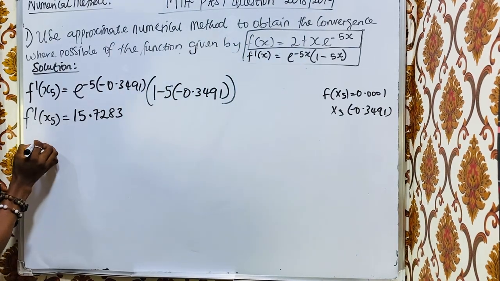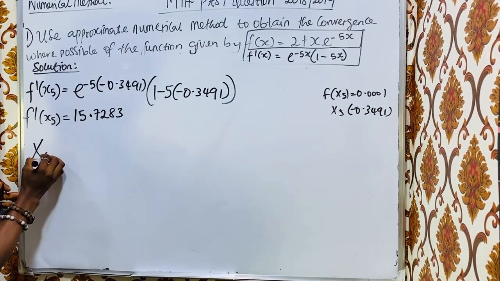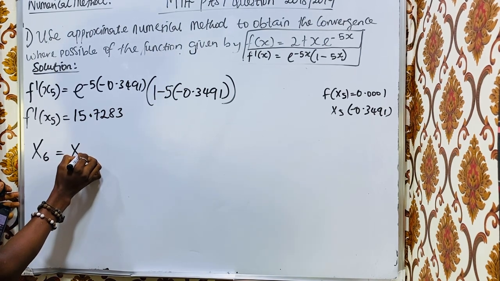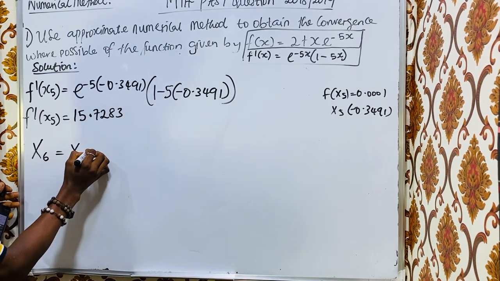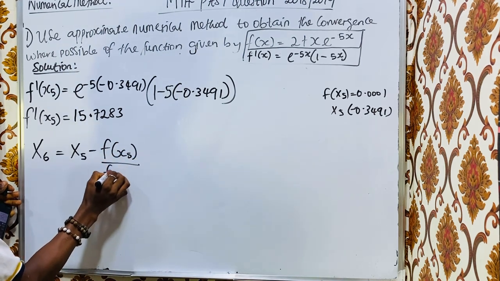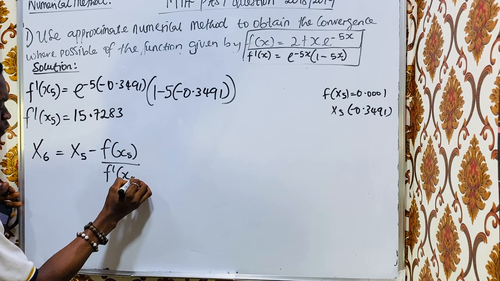So now we have x6 equals x sub 5 minus f of x sub 5 all over f prime of x sub 5.